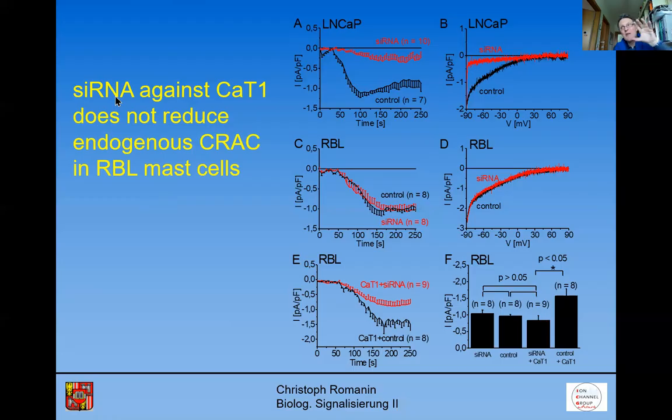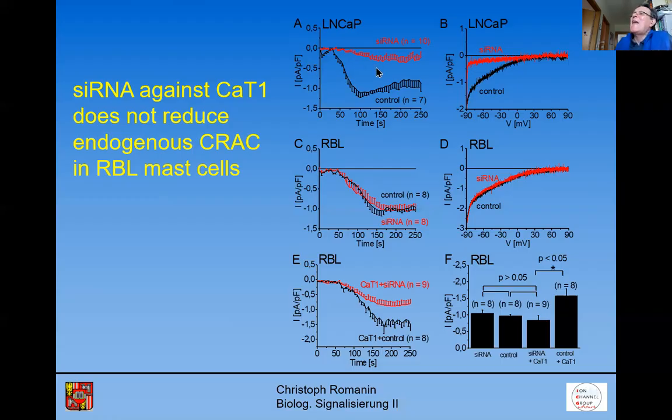They can be specifically constructed against CAT1. You can order this, and there are also programs for how to design siRNAs. And when we have got these siRNAs specific against CAT1, of course first of all you have to prove it, and best in a different system.